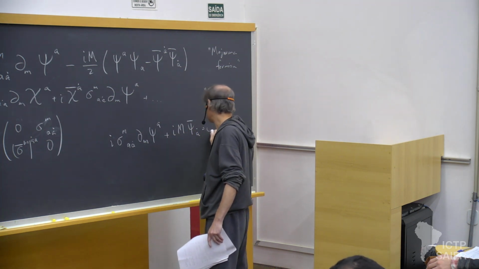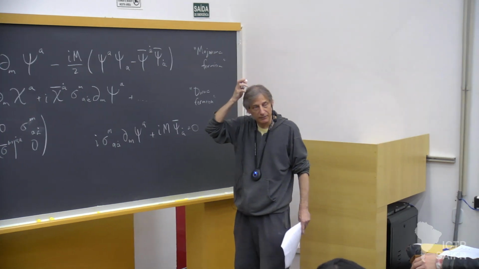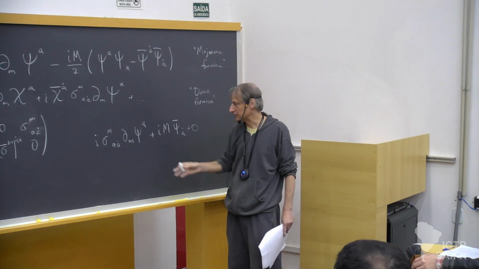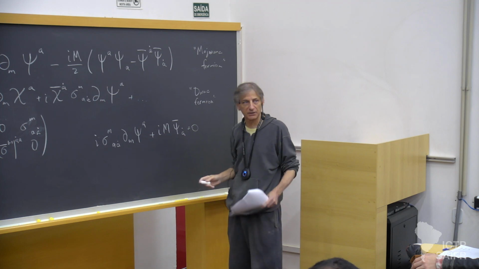So this has to be equal to 0. This is the equation of motion you get by varying with respect to psi bar. And of course, you can vary with respect to psi, and you'll get the complex conjugate of this.